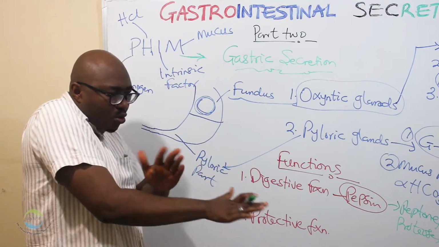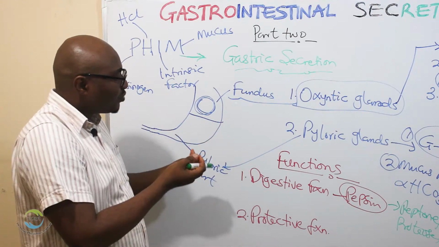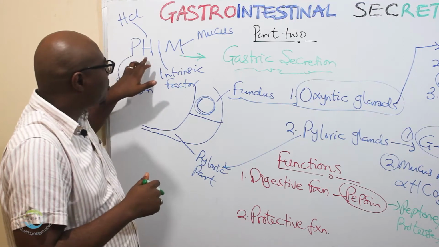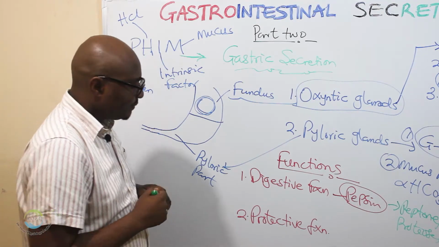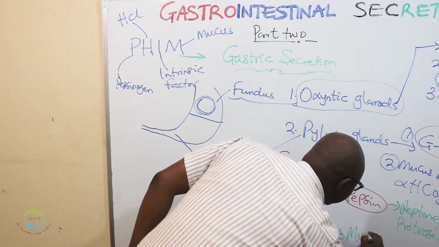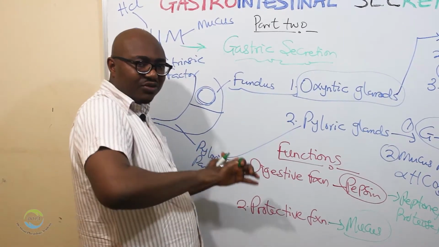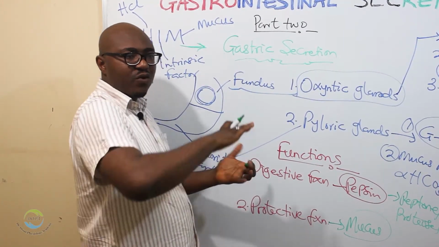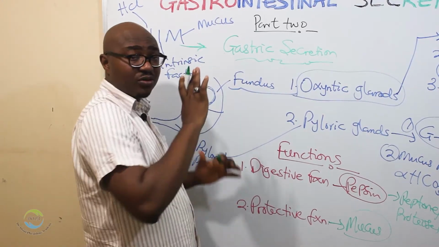So it helps to coat the surface of the stomach so that it protects it from the harsh corrosive action of hydrochloric acid. So it's mainly by mucus. The mucus secreted there protects the gastric mucosa from erosion by the hydrochloric acid.